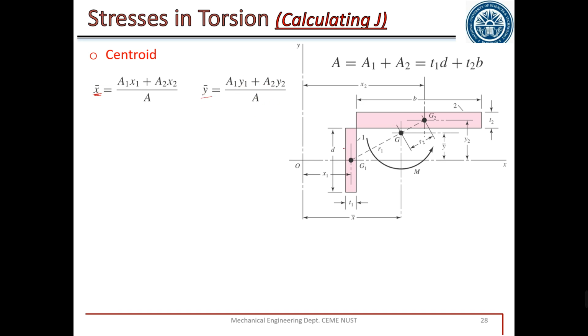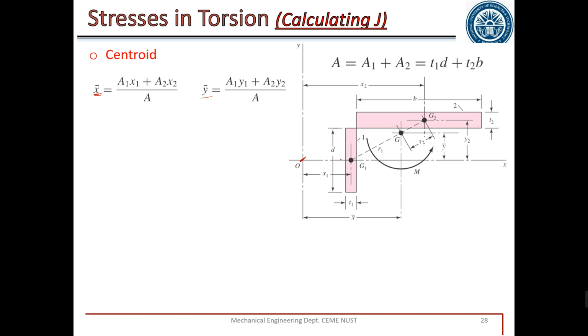So by substituting, we have area a1, we have area a2, we have x1. If you take this as O, from this point, what is the distance of centroid of area 1? This will be x1. And what is the distance of centroid of area 2? That is x2.